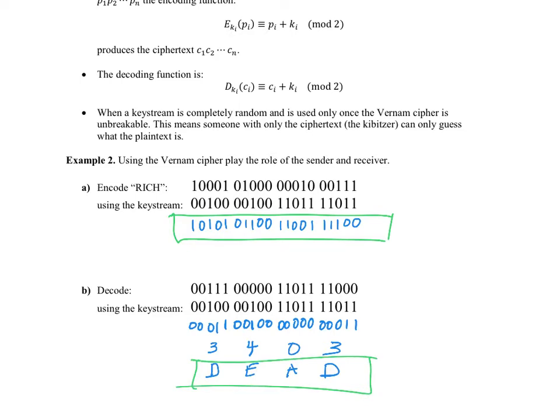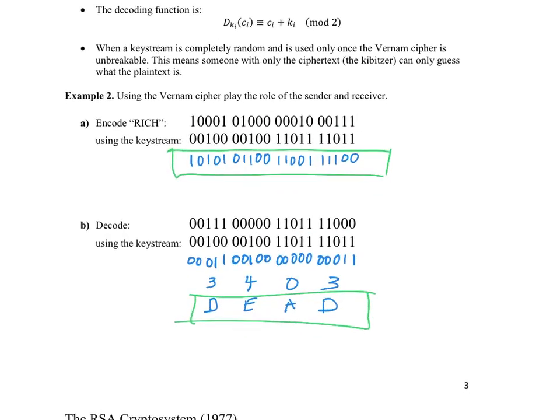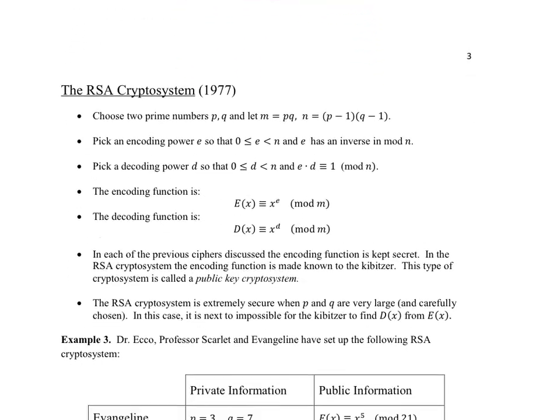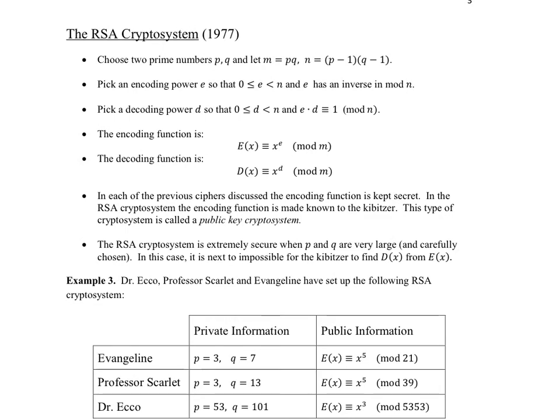All right, let's move along to the next cipher, the RSA cryptosystem. So this was published first in 1977, and it is still used in modern cryptography. So the very first thing that you do is you pick 2 prime numbers, and you take those 2 prime numbers and you multiply them together.